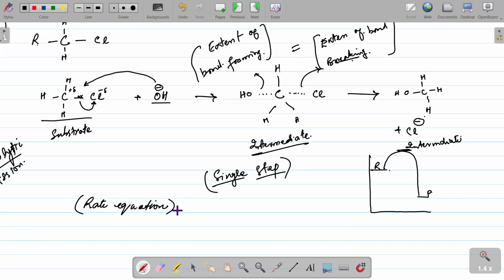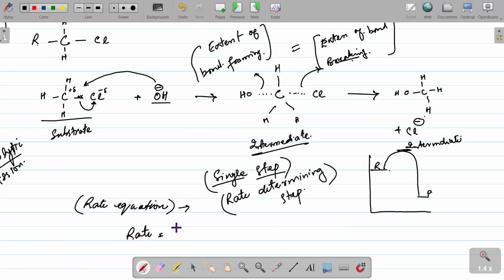For reactions which depend on a single step, that single step is also known as the rate determining step, meaning the rate of reaction is determined by this single step.